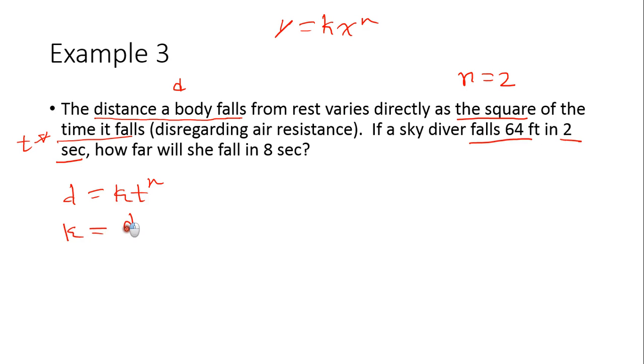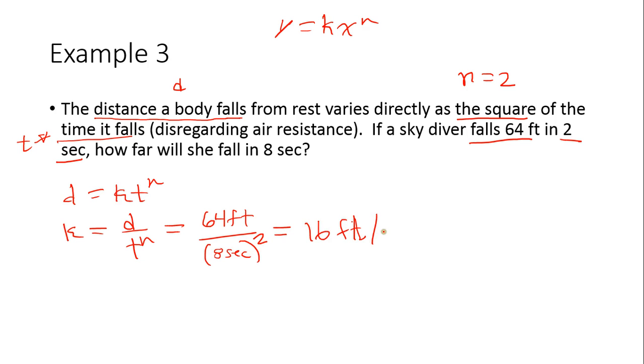We have d over t to the n equals 64 feet over 2 seconds squared, which is going to be 16 feet per second squared. So basically the 16.